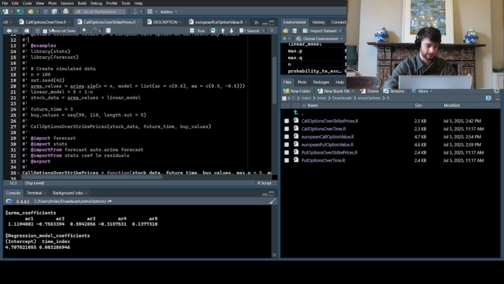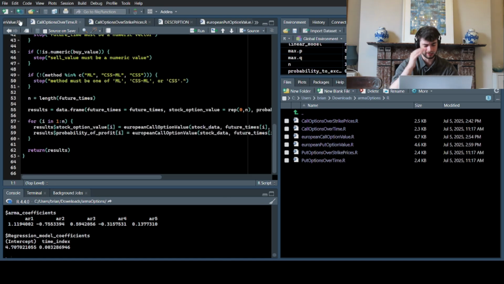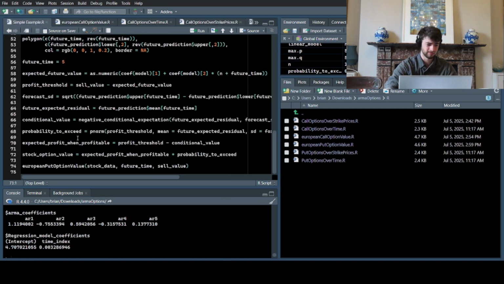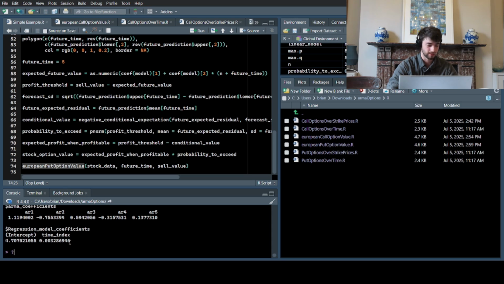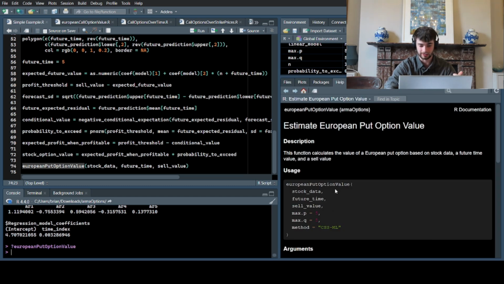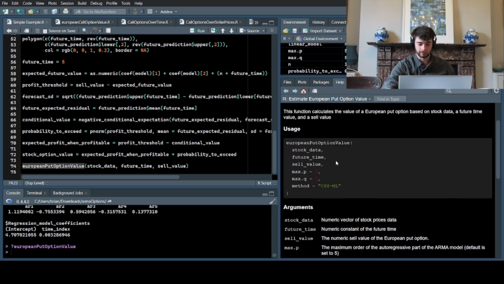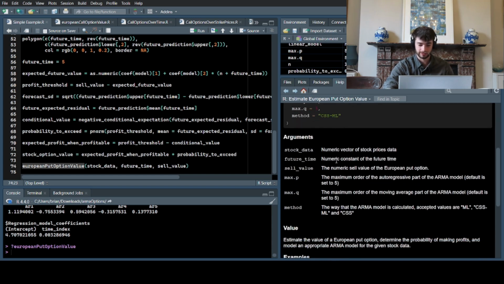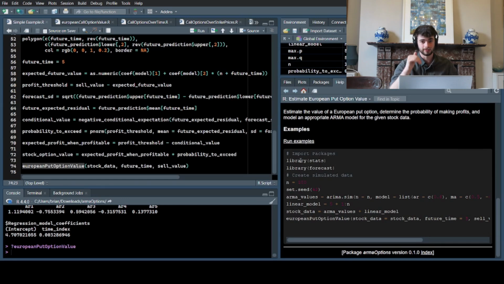And what you can do after you've created this is someone else can say, okay, what does this function even do? You can go question mark, European put option value, the name of the function, and what you get is a description of the function, a usage, it explains the arguments and what it returns, and then it creates a simple example.